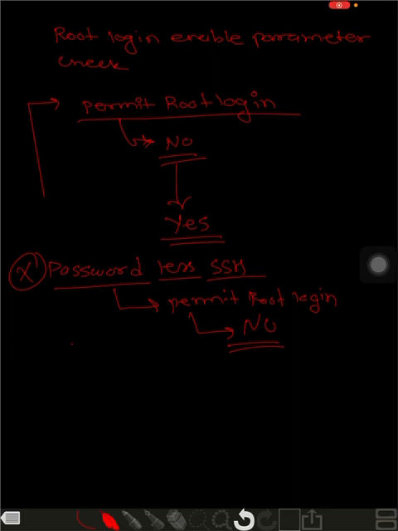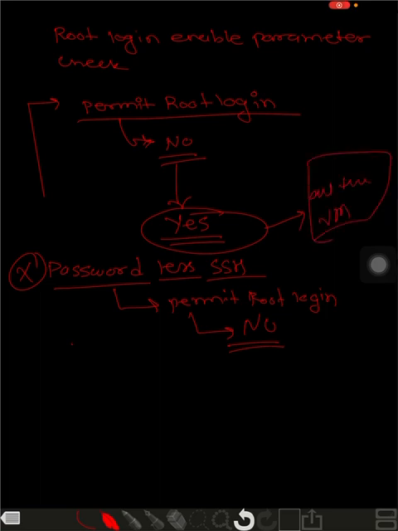So set this parameter value to yes on all the nodes, all the VMs involved in the scale out architecture, and then your passwordless SSH should work.